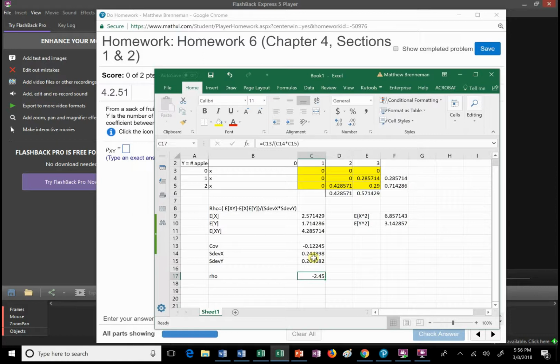Oh, I calculated the variance. I need the square root of these. I calculated the variance. How did I know that was wrong? Well, I had a correlation coefficient that had a magnitude greater than 1. So as soon as you see that, right, there we go. And that's going to be our rho.